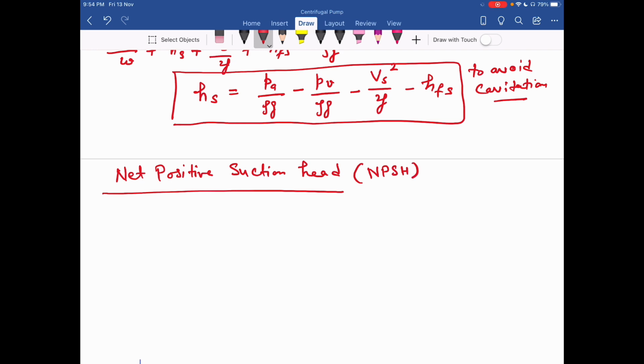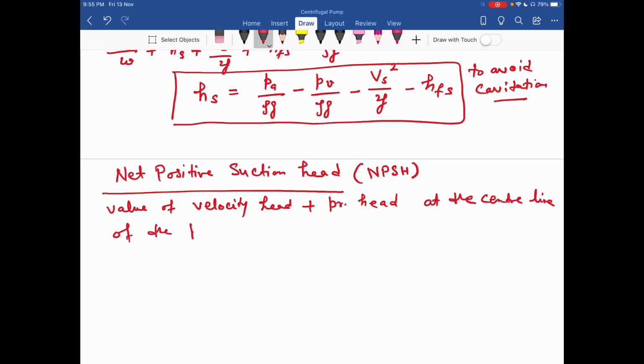So the net positive suction head is defined as the value of velocity head, plus the pressure head at the center line of the pump inlet, above the vapor pressure head of the liquid.